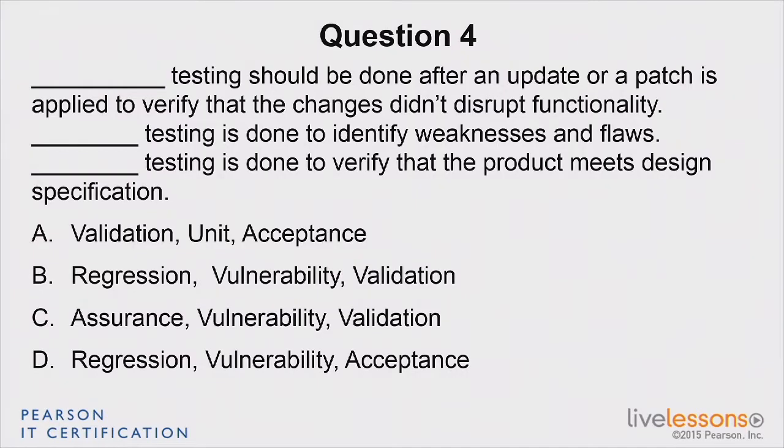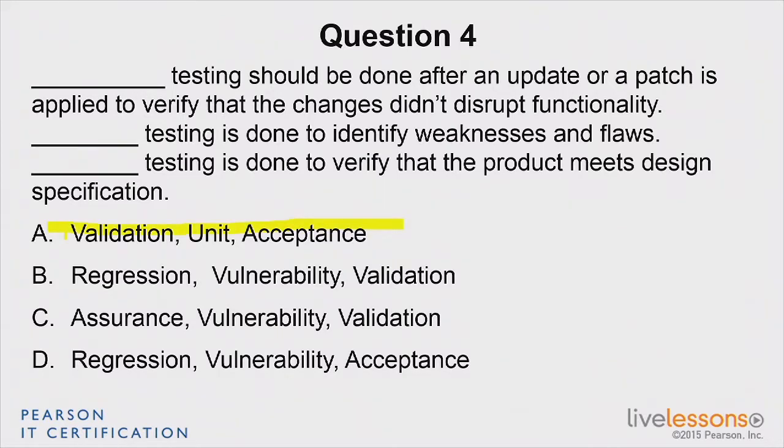So let's go through and see what we can do. We don't like A, because we said we needed vulnerability testing to be in there. That's what we think our middle one is. So it's not going to be validation testing is done after an update, unit testing is done to identify weaknesses, or acceptance testing is done to verify the product meets design specifications. So we're going to get rid of that one.